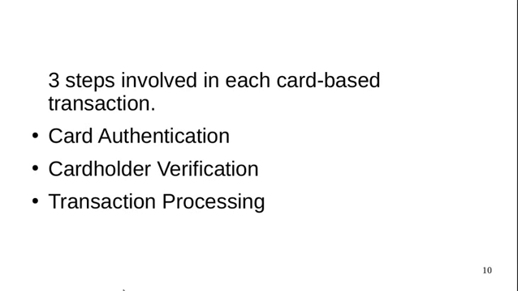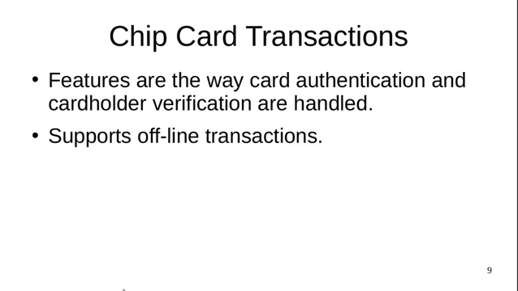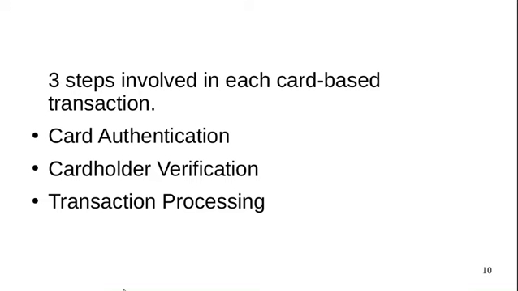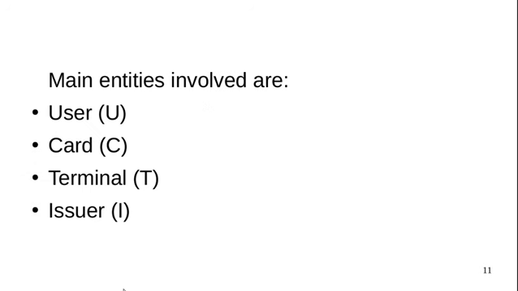Now there are 3 steps involved in each card based transaction. One is card authentication, second is cardholder verification, and third is actual transaction processing. These are the 3 steps.